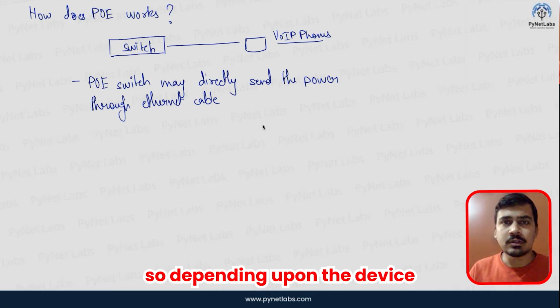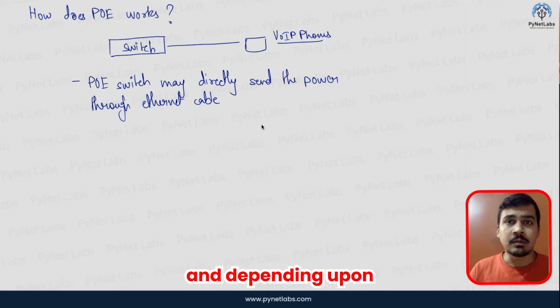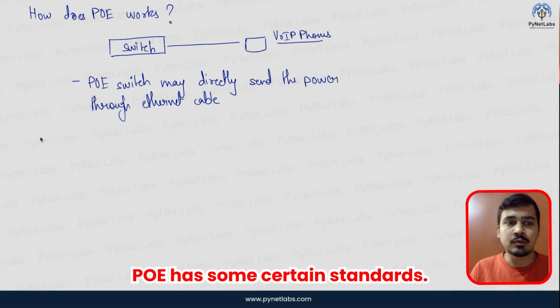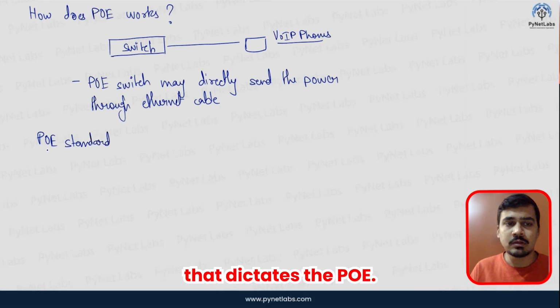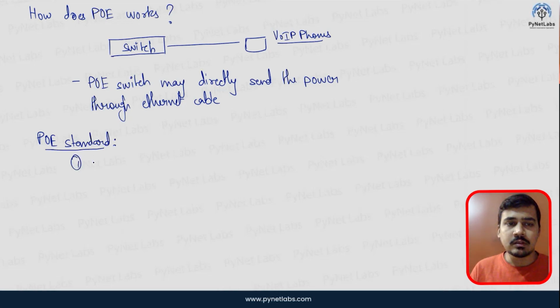Depending upon the devices you would like to use and your type of network, PoE has certain standards that dictate it. There are generally 3 standards. The first one is IEEE 802.3af.